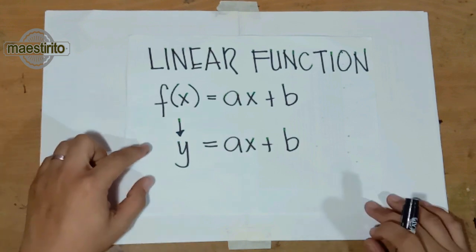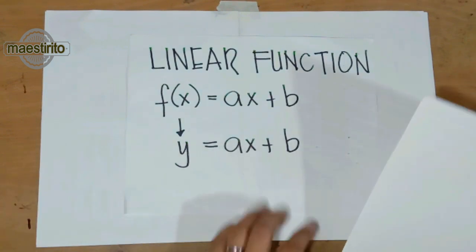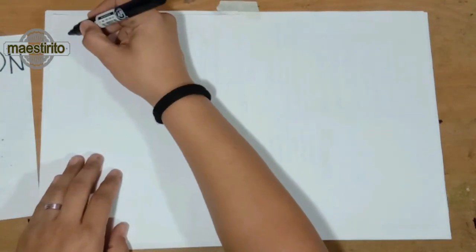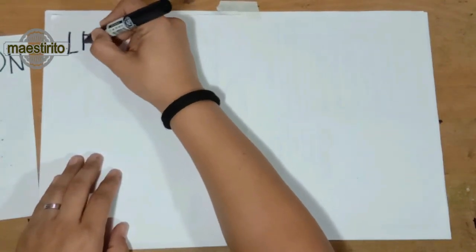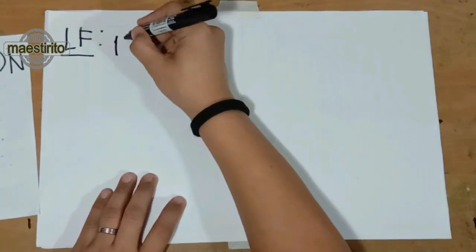Now, for a linear function, it says that a linear function is a first degree function. Let me use LF for my linear function.